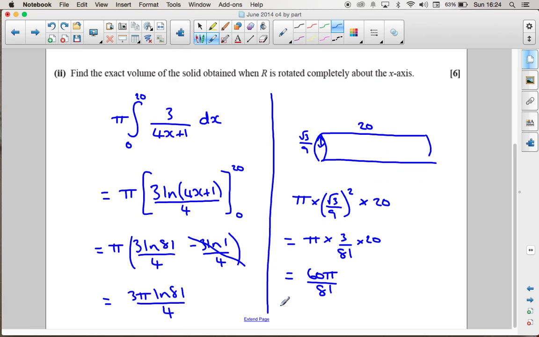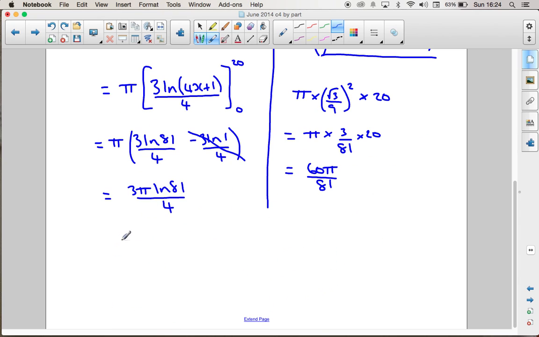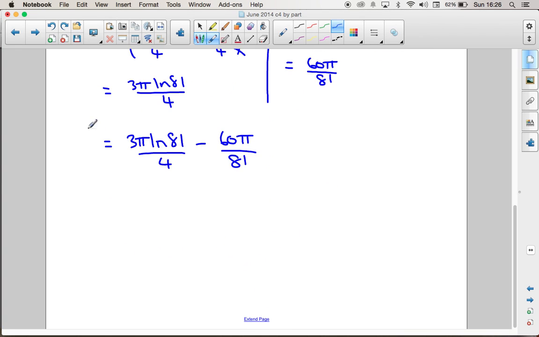So we need to take 60 pi over 81 away. 60 over 81 can just be cancelled down.